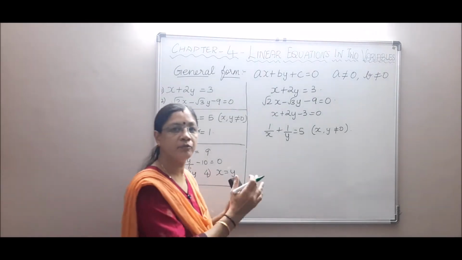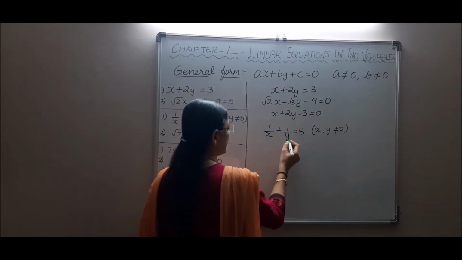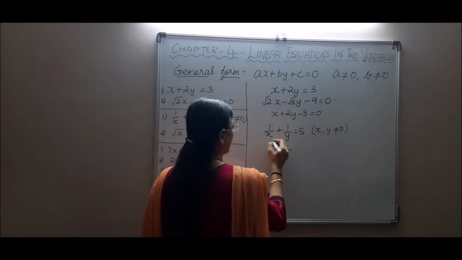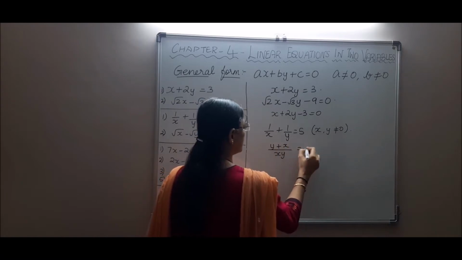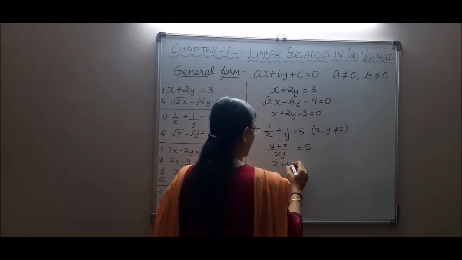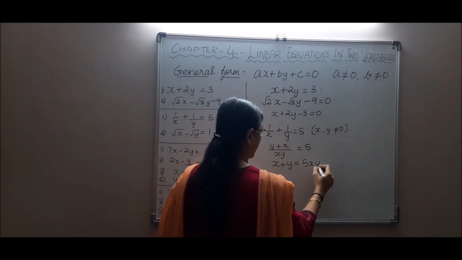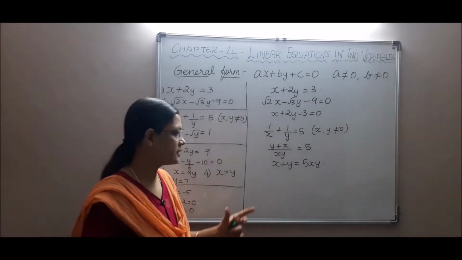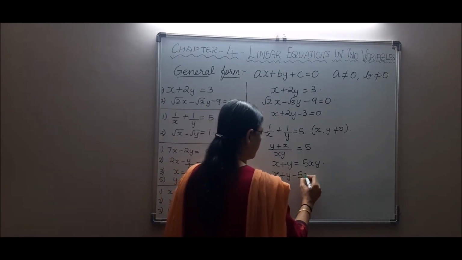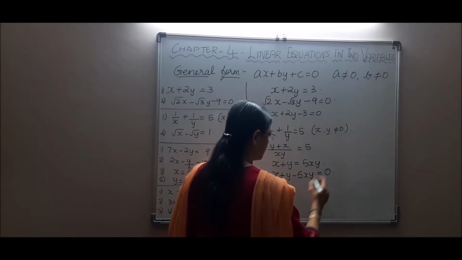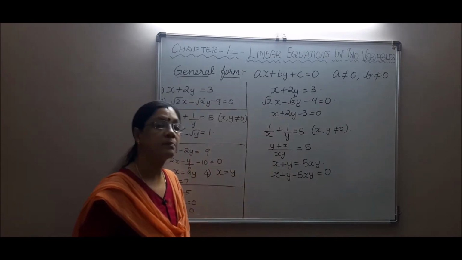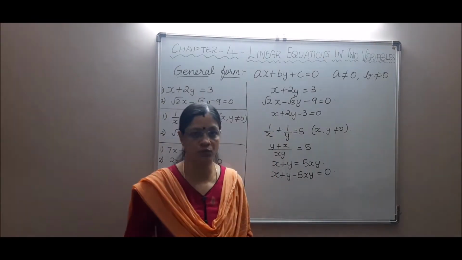If I simplify this equation, I have LCM xy, so y plus x is equal to 5xy, isn't it? So x plus y is equal to 5xy, and x plus y minus 5xy is equal to 0. Upon simplifying the given equation, we have x plus y minus 5xy is equal to 0.